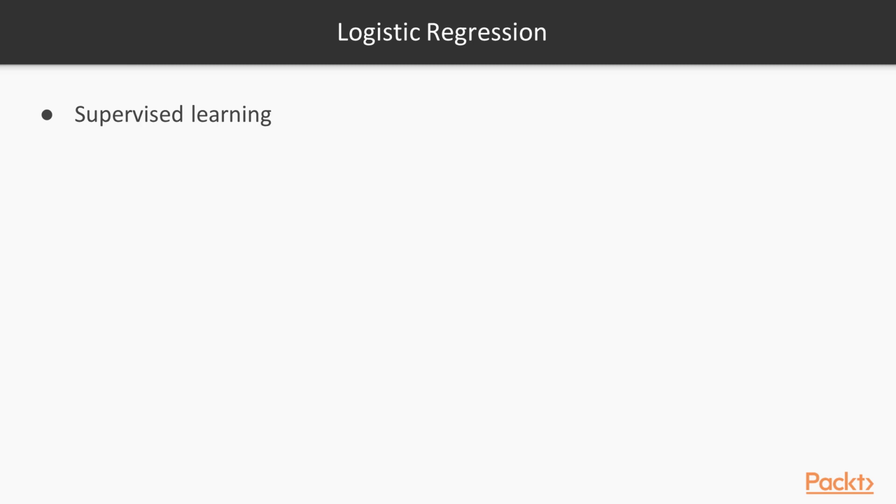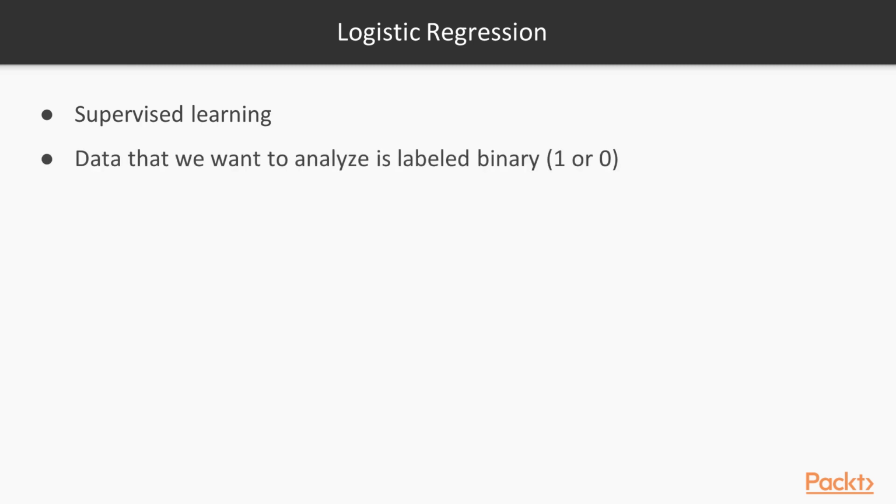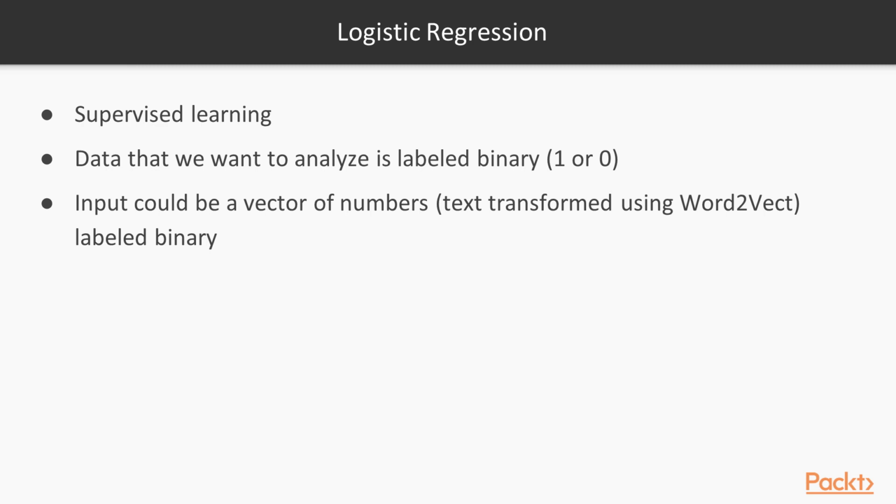It is supervised learning. The data that we want to analyze is labeled binary, 1 or 0. So for example, in our use case, input could be a vector of numbers labeled binary. We transformed it using word2vec, and then our task will be to label it 1 or 0.